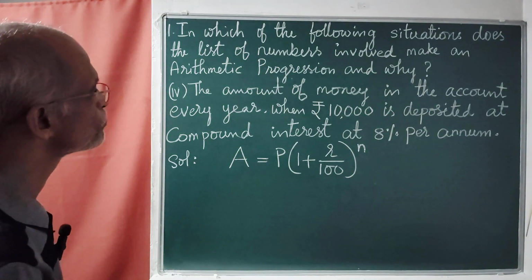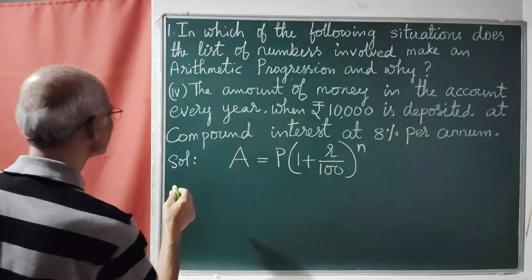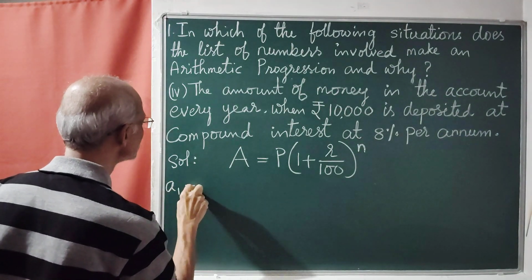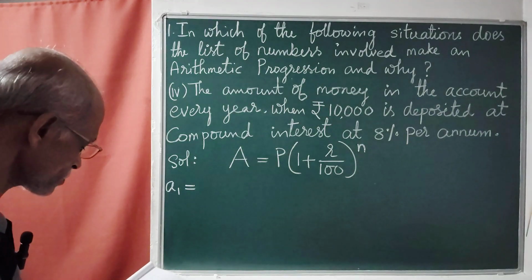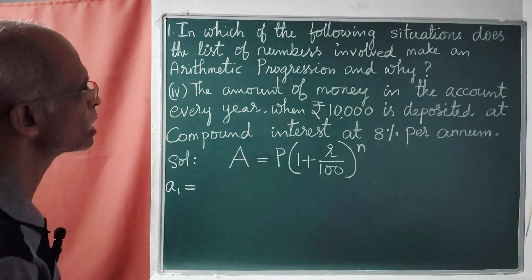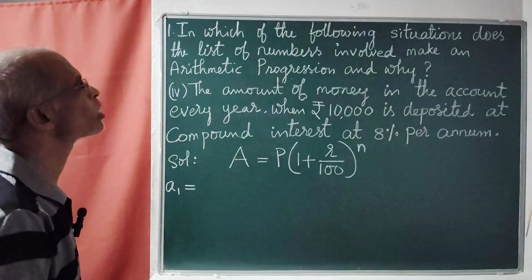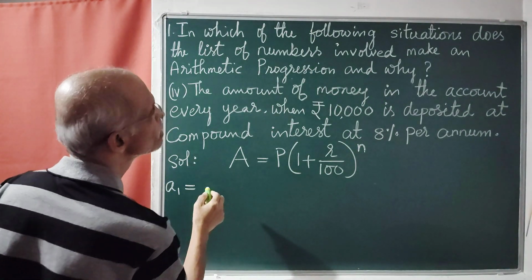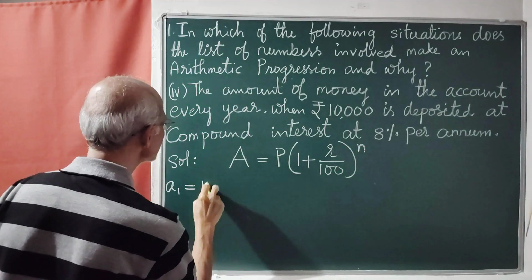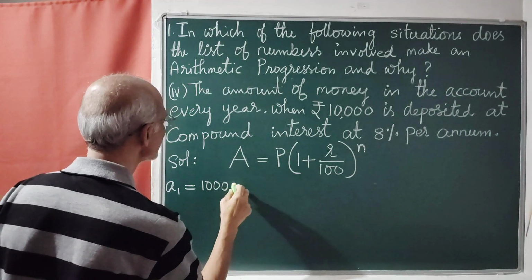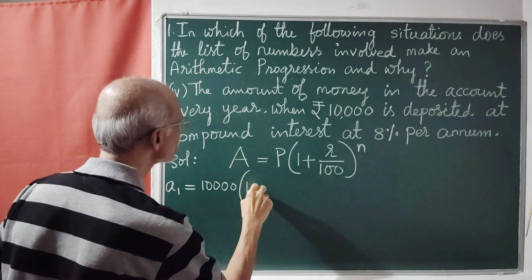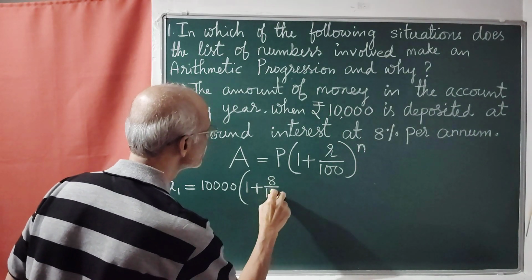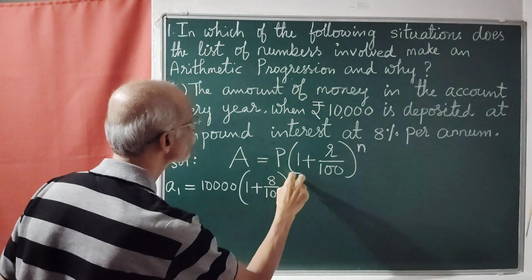Now, the first term will be A1, that is the amount in the account after 1 year. So it will be principal 10,000 into 1 plus 8 by 100 the whole raised to 1.